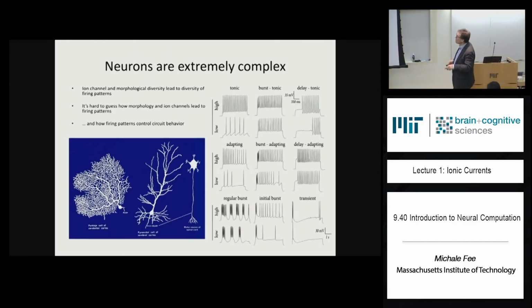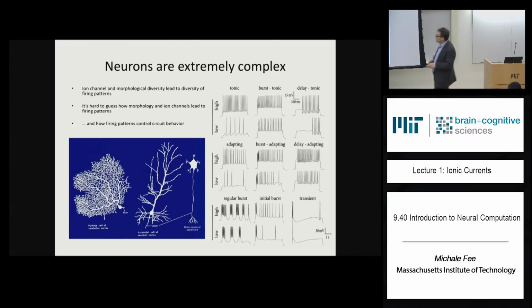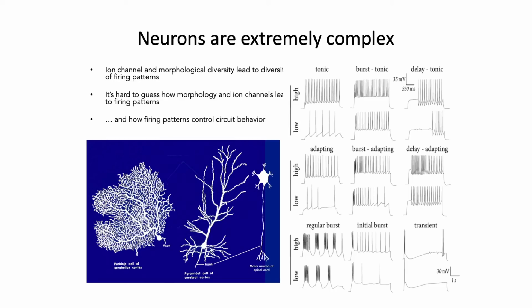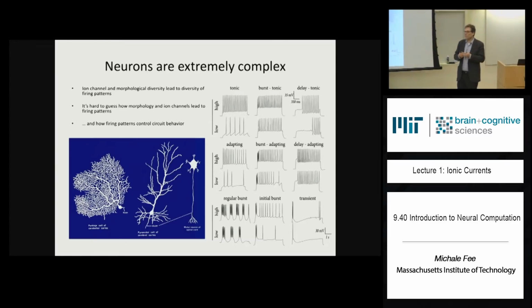Neurons also have complex morphologies, right? Some neurons have these, this is a Purkinje cell in the cerebellum. They have these very densely elaborated dendrites. Other neurons have very long dendrites with just a few branches. Other neurons have very short, stubby dendrites. And each of those different morphological patterns also affects how a neuron responds to its inputs.